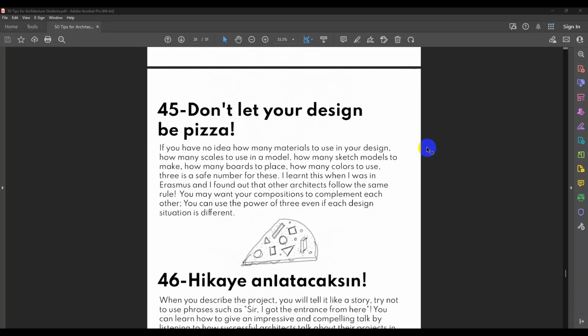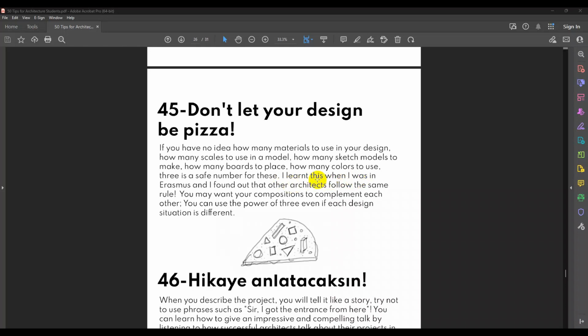45th, don't let your design be pizza. You can read more detail about how the book explains it. If you have no idea how many materials to use in your design, how many scales to use in a model, how many scale models to make, how many boards to play, how many colors to use, 3 is a safe number for this.